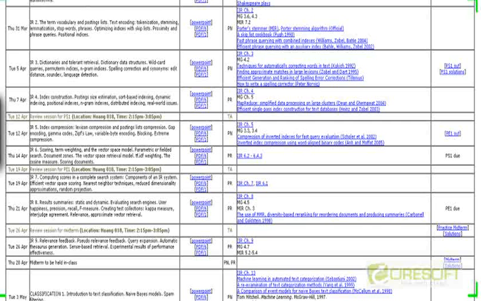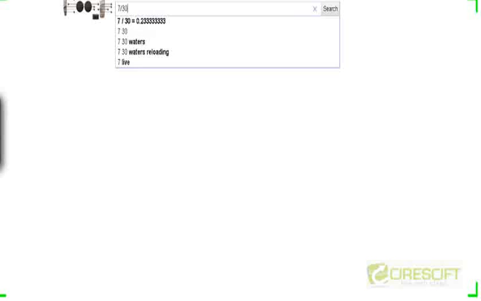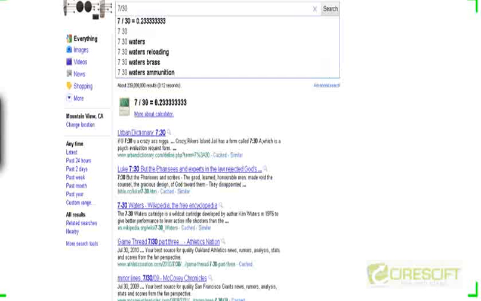I'm not sure what Google does, but if you just type something like this, you can see that it's giving you the result interpreting it as a mathematical operation, but you can also see that it's treating it as time. So it's treating it as 7:30 also.